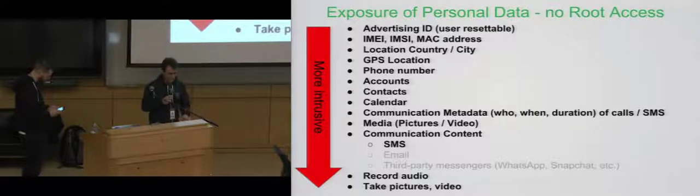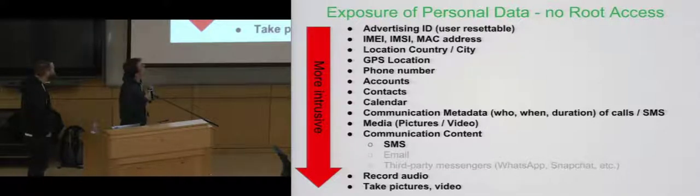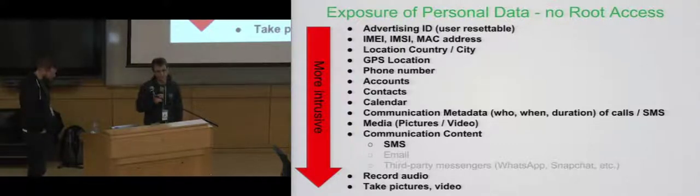So where do we stand on the exposure of personal data at this point? Without root access, just due to permissions, all of the things in bold can be accessed. And I think this really drives home the point that we need to be very, very careful about what permissions allow on devices and what capabilities there are in each app.